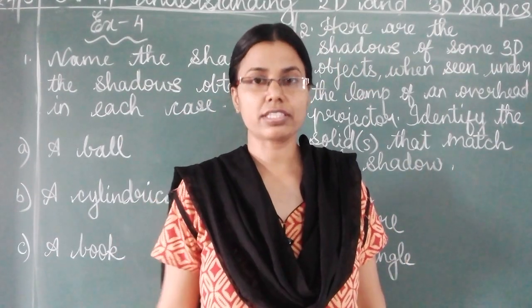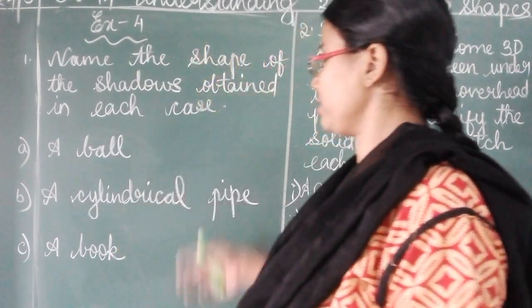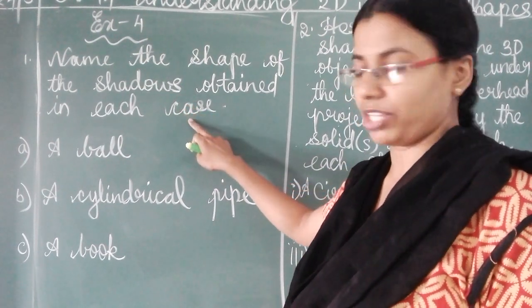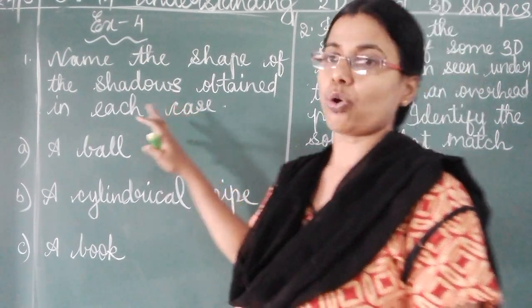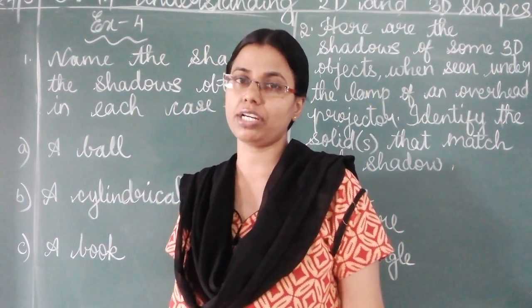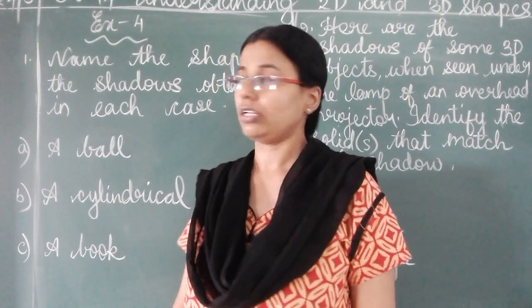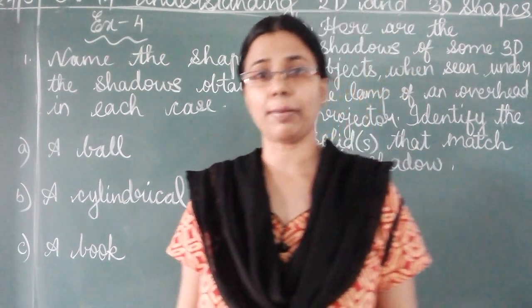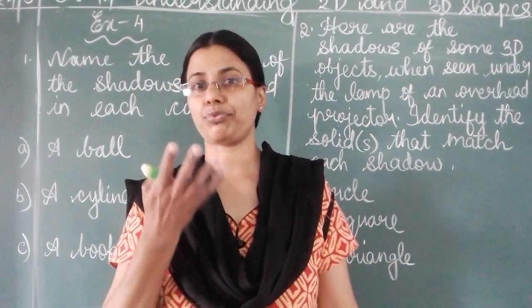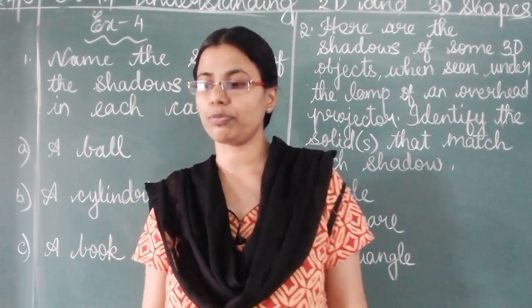So now let us begin exercise 4. Here children, exercise 4, the first problem is: name the shape of the shadows obtained in each case. In the textbook they have given you the figures, and you are also supposed to draw the figures. A ball, with the light above it, you have to see how the shadow is going to be formed.